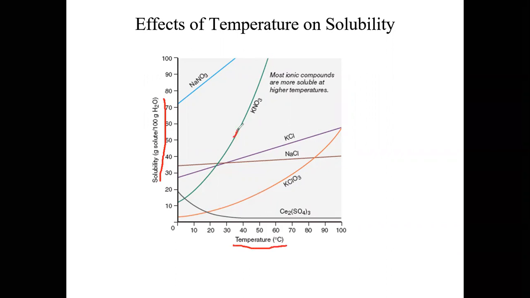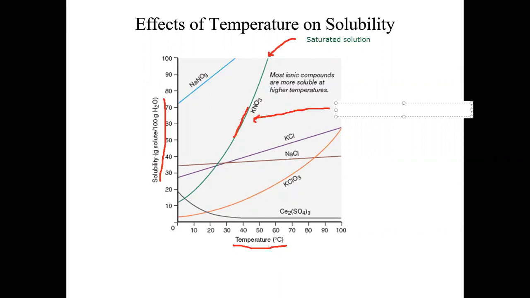Looking at KNO3, the green line represents a saturated solution. The area underneath the green line is an unsaturated solution. The area above the green line is a supersaturated solution.